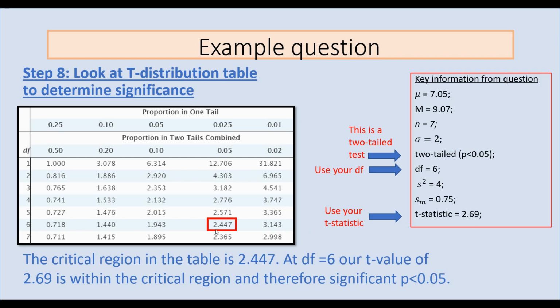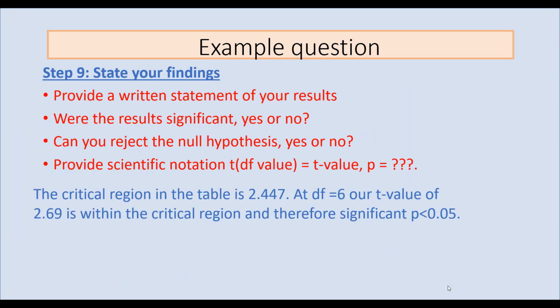It surpasses 2.447, not by much, but it does. So therefore, it is within the critical region, and we can assume it is significant. And if it is significant, we can now write a statement that says that Bill's walking data does significantly differ from the walking data at the average college campus.